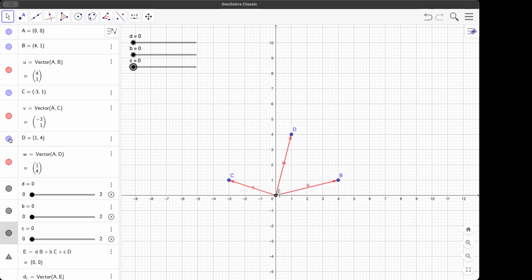So I want to consider linear combinations of those columns. I want combinations which look like x1 times 4, 1 plus x2 times negative 3, 1 plus x3 times 1, 4.